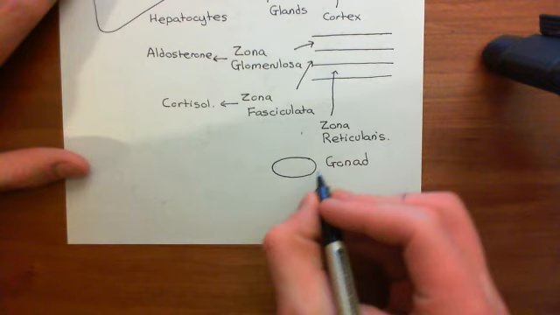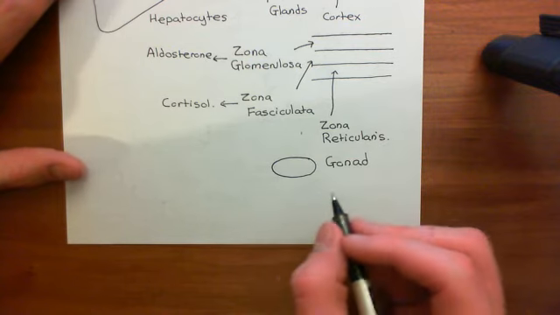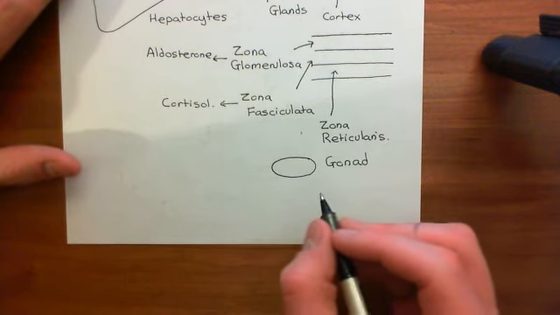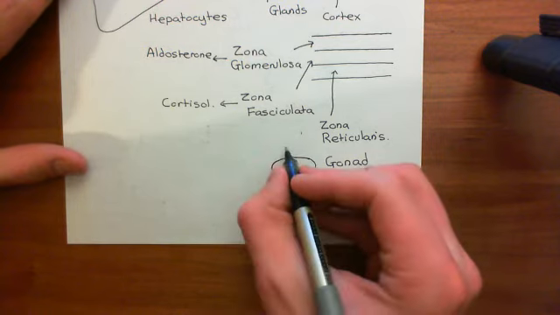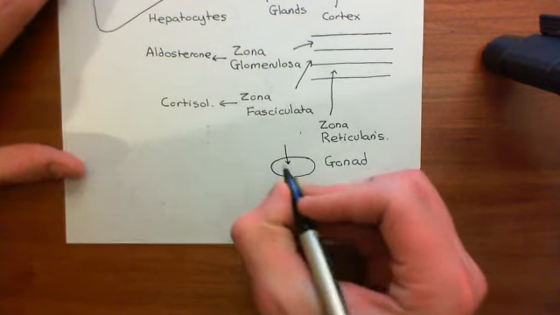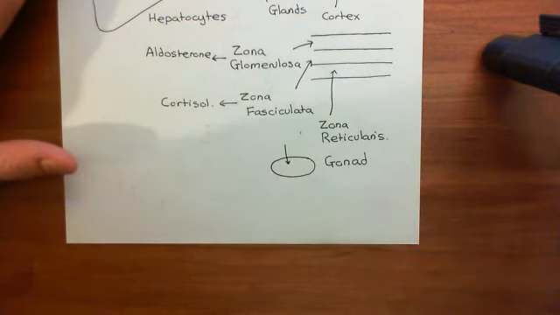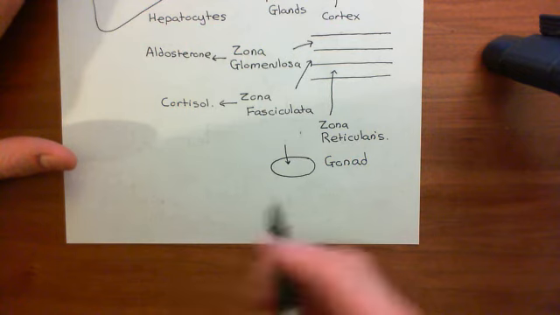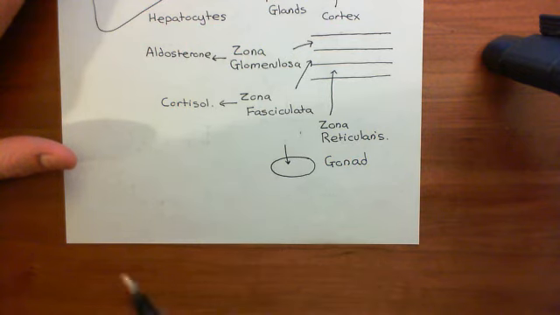Again, the starting point for the synthesis of those steroid hormones is cholesterol, so they also will take up these HDL and LDL particles to deliver cholesterol esters to the cell, so that those cholesterol esters can be used in the production of the steroid.